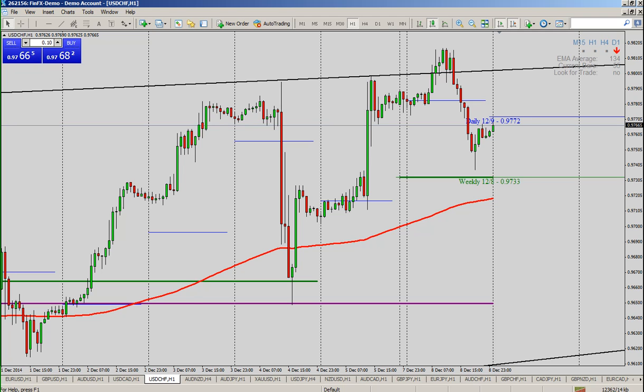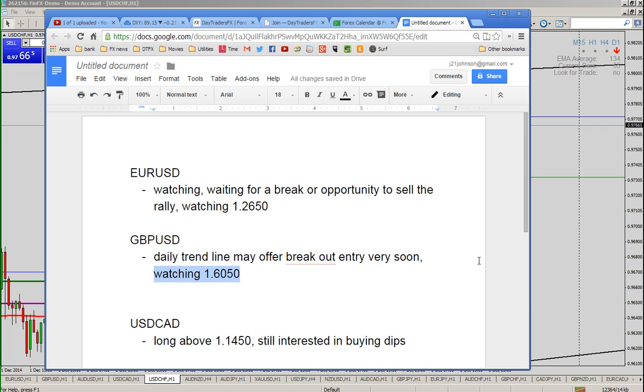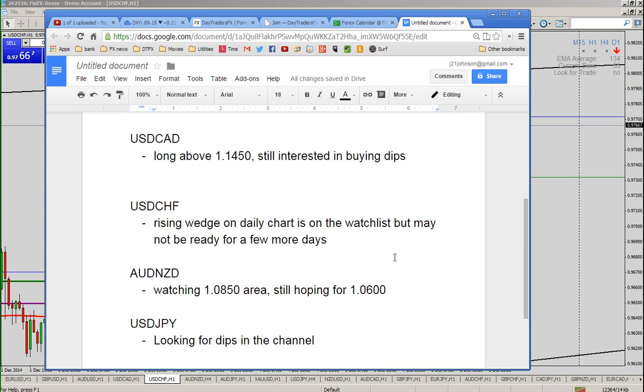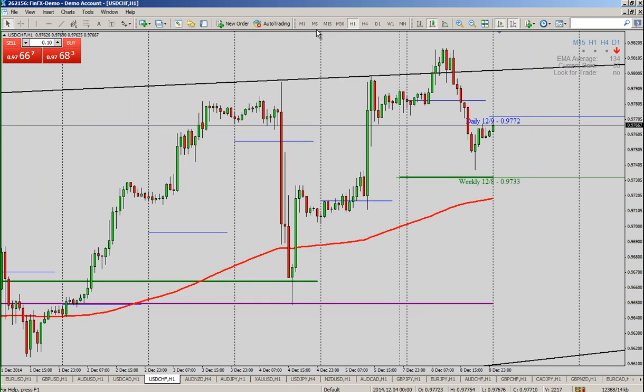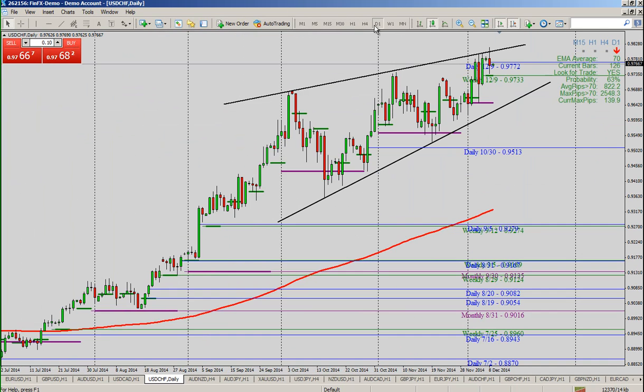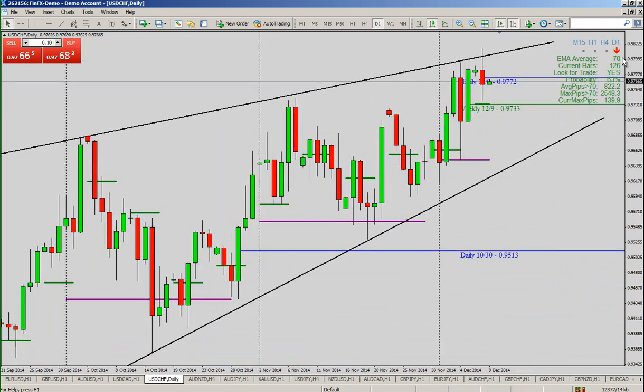Just to have a quick look at the dollar Swiss franc, we have this nice rising wedge on the daily chart. Dollar Swiss franc's kind of like euro dollar. It's exactly like euro dollar, just in the opposite direction, and that is that it's getting interesting, but it's not there yet. I love that it had a pretty big price rejection candle off of the top of this rising wedge.